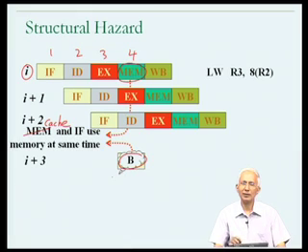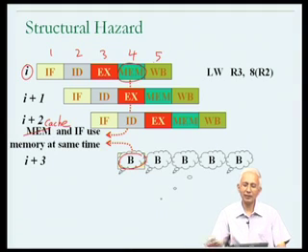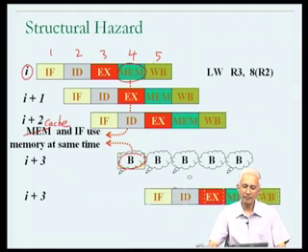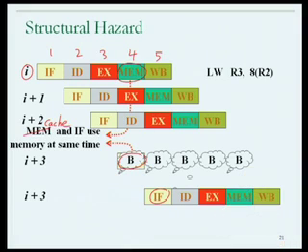What we mean by the bubble of air in the pipeline is that we are postponing the fetching of instruction I plus 3 from cycle number 4 until cycle number 5 possibly, which is why I show instruction I plus 3 as being fetched in cycle number 5. And if I look back at the other activities in cycle number 5, it could well happen that there is no other use of the cache memory, and that therefore this is a safe use of the instruction fetch hardware as far as instruction I plus 3 is concerned.